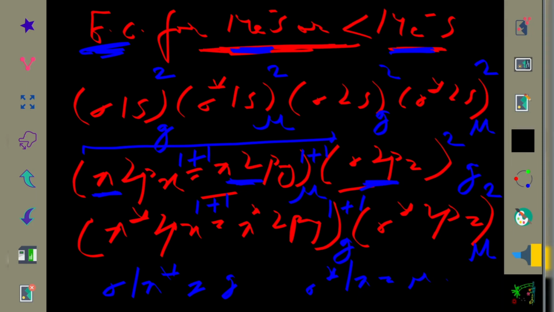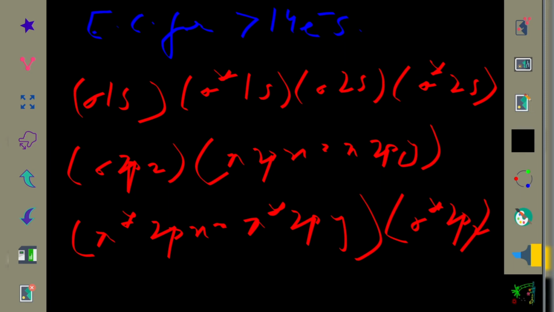But in the case where the electronic configuration is for molecules greater than 14 electrons, this stability will be switched. Okay, so sigma 2pz will be more stabilized when compared to pi 2px and pi 2py. Now let's see the electronic configuration when we have more than 14 electrons.